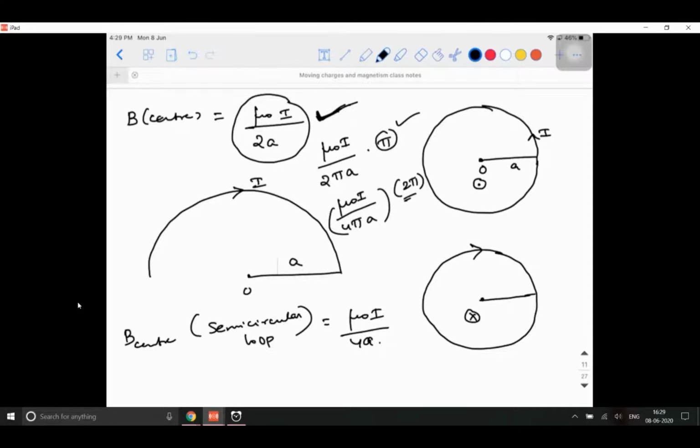Whenever there is a curved shape that is a part of a circle, due to which you are asked to find the magnetic field at the center, can I put the formula like this? Mu naught I divided by 4 pi a multiplied with this 2 pi, which with respect to the circle is the angle made by the circle in one complete rotation.